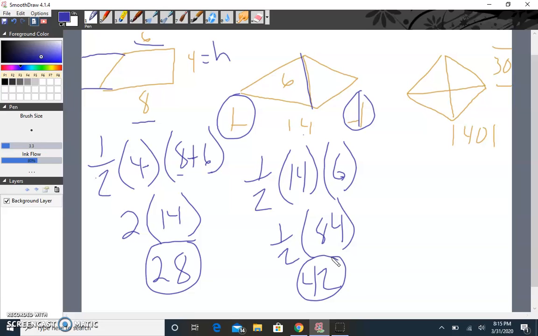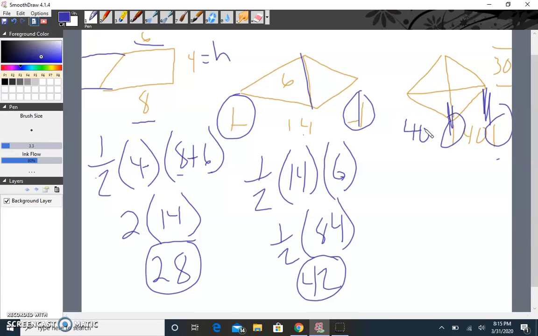As we go on to our rhombus here, it's the same formula as for the kite: 1/2, distance 1 and distance 2. On this one, it is a little bit trickier. Those lines right there are telling us that from here to here is 40. That's not the whole distance. That means there's another 40 right there.